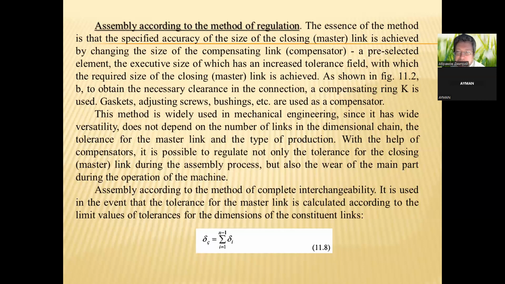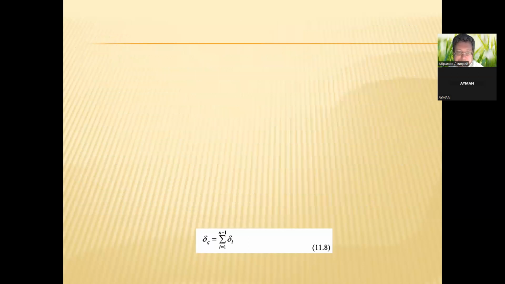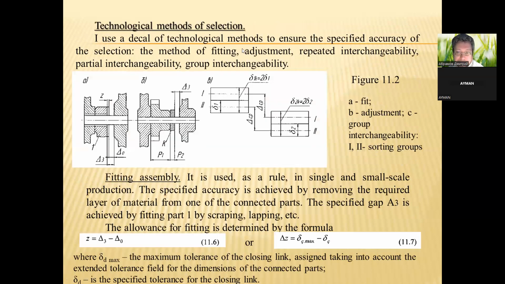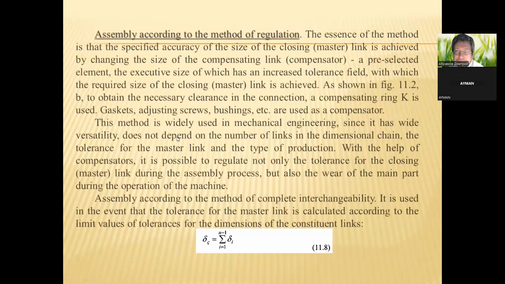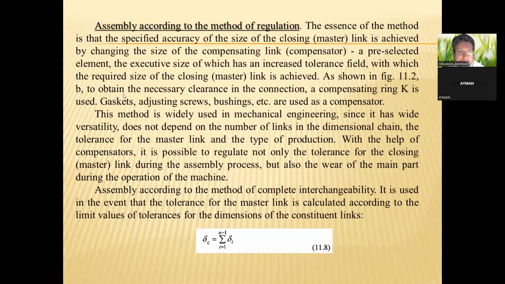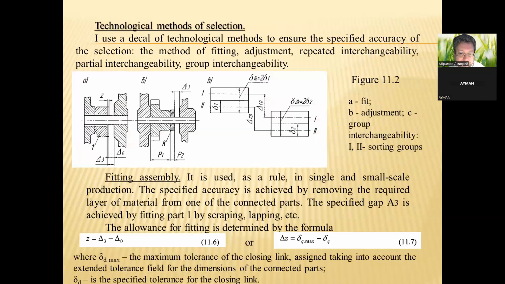As shown in figure 11.2, in figure B, to obtain the necessary clearance in the connection, a compensating ring K is used.